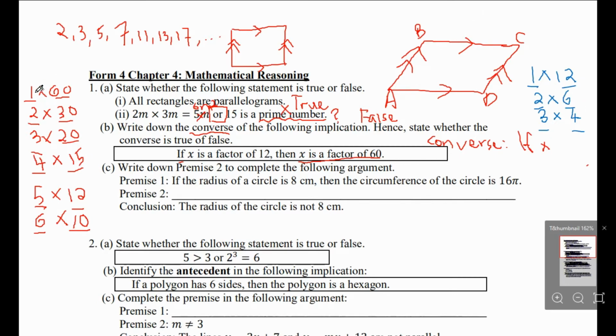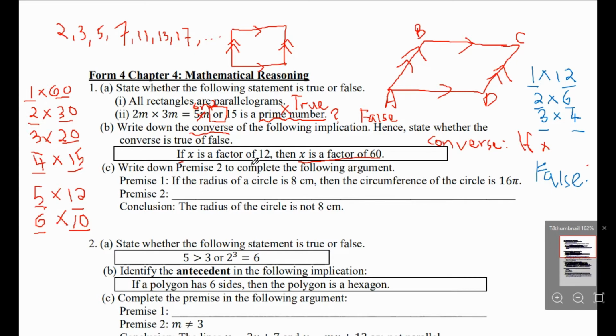The factors of 60, we have 1, 2, 3, 4, 5, 6, 10, 12, 15, 20, 30, and 60. But for factors of 12, only 1, 2, 3, 4, 6, and 12. So not all factors of 60 are factors of 12. So this converse is false. You see, factors of 60 have so many numbers, factors of 12 are just these few numbers. Not all the numbers here are in there, so this is false.